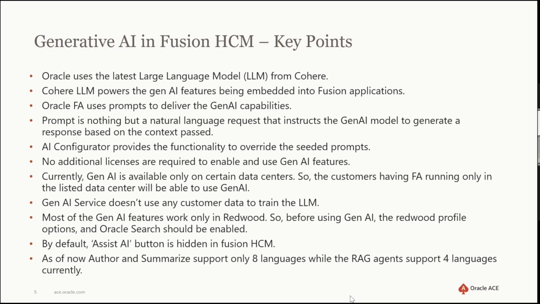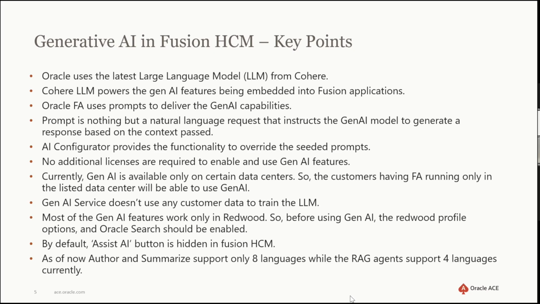The next point about Gen AI features is that most of them, except for candidate experience, work only in Redwood. If you're planning to use Gen AI features, it is a must that the Redwood profile options are enabled, Oracle Search is enabled, and you run the ingestion process. Once you are in Redwood and you want to use Assist AI, which is the authoring design type, that button is hidden by default in Fusion applications, so you have to enable it using Redwood VBCS.